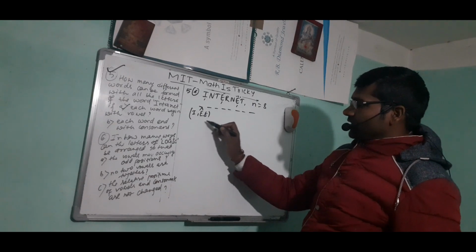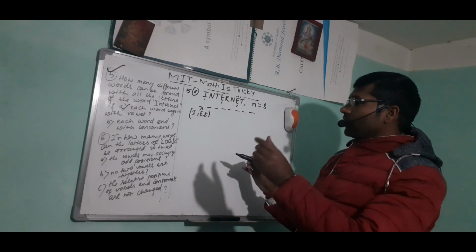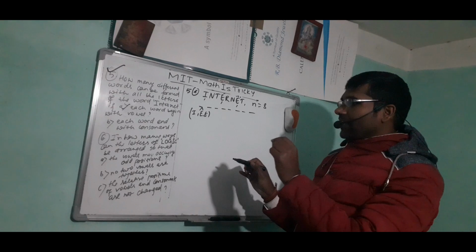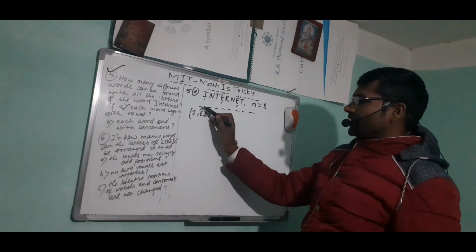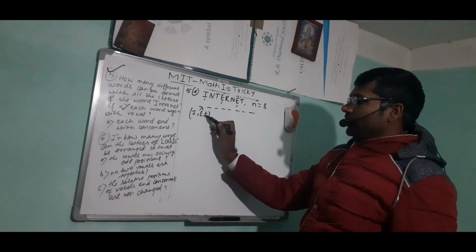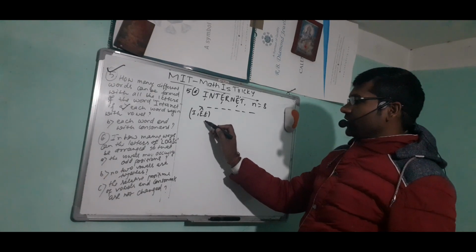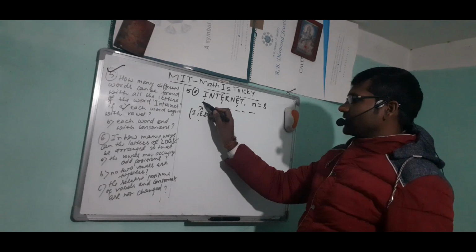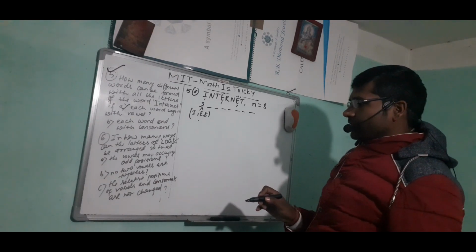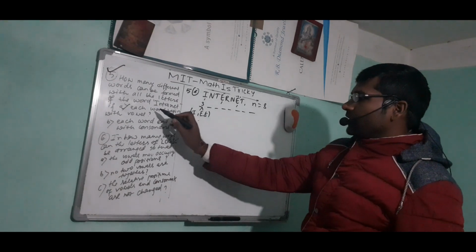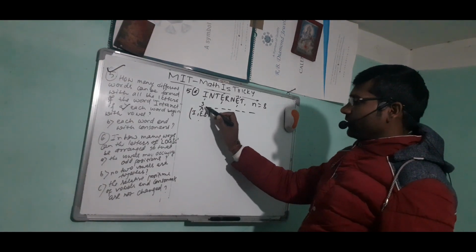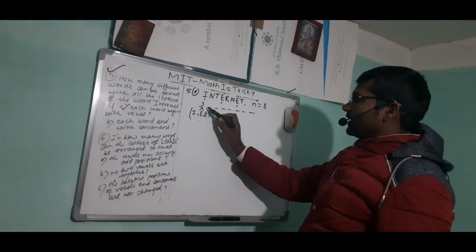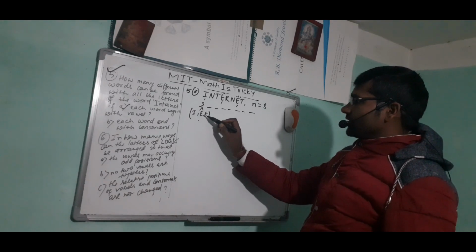So the first place will be occupied with any one of these vowels. That means there are 3 choices for this first place. The word begins with a vowel only, so any one of them may take the first position.